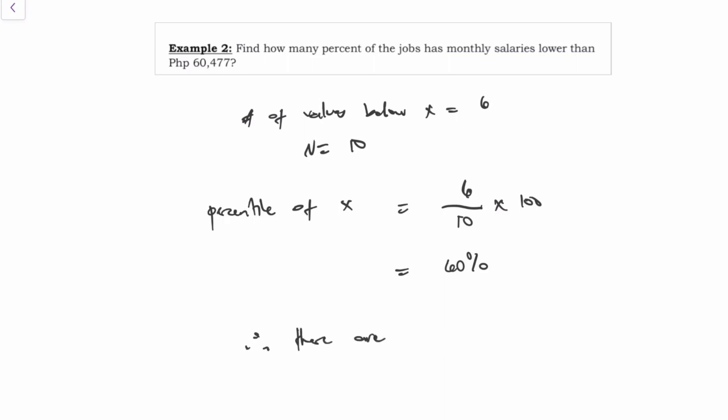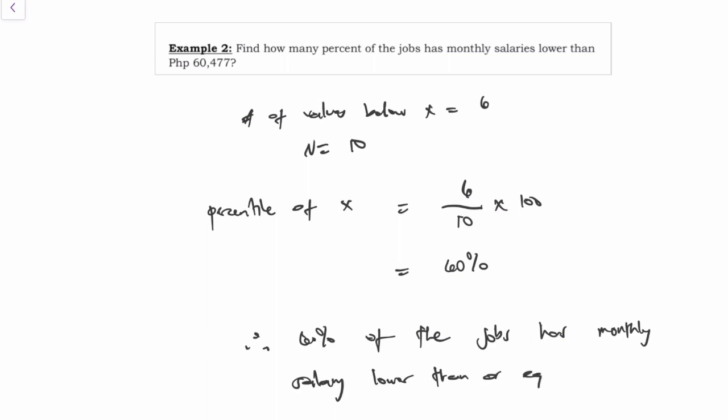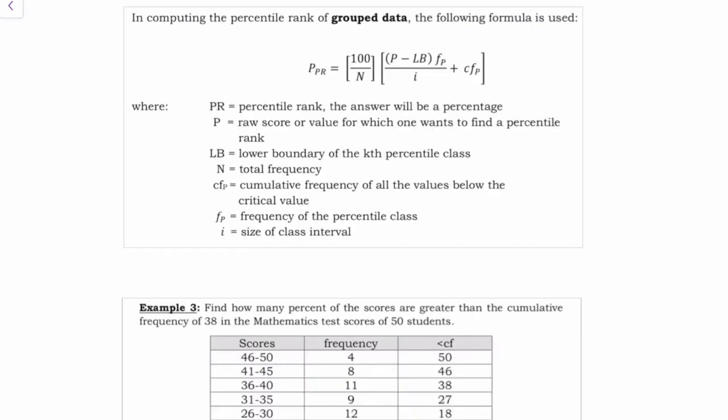So this means that 60% of the jobs have monthly salary lower than or equal to 60,477 Philippine pesos.